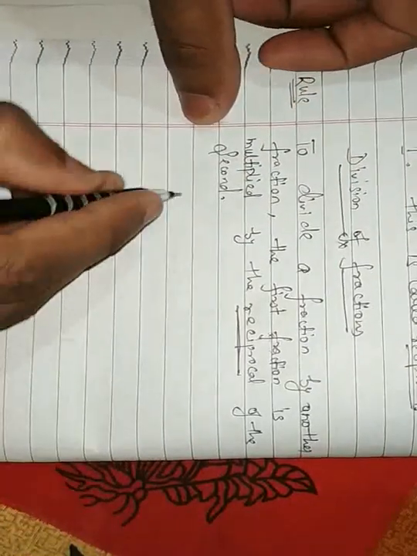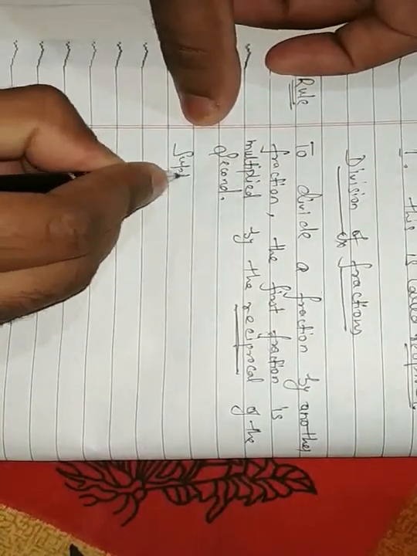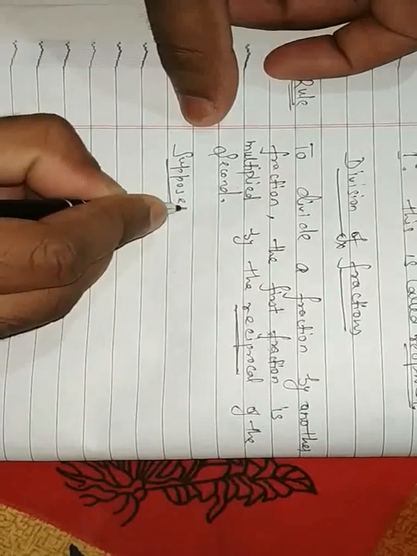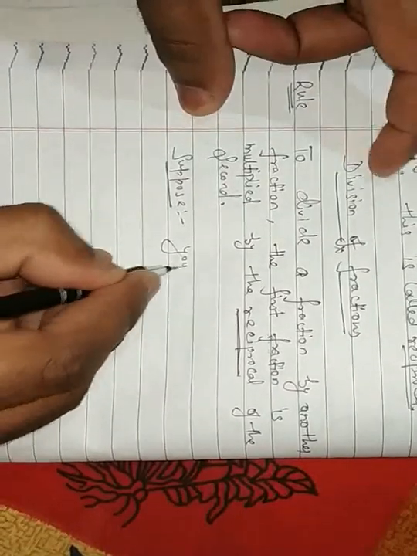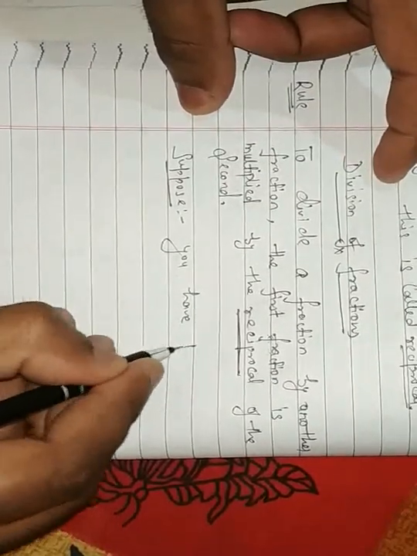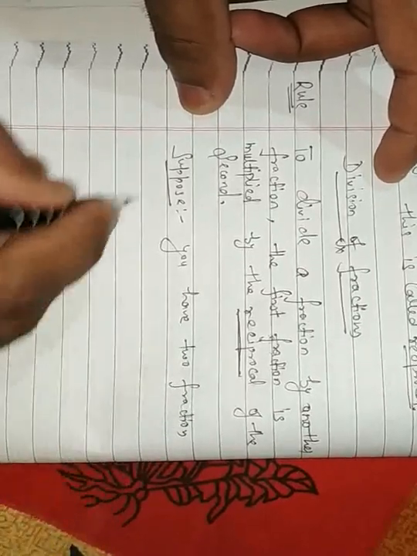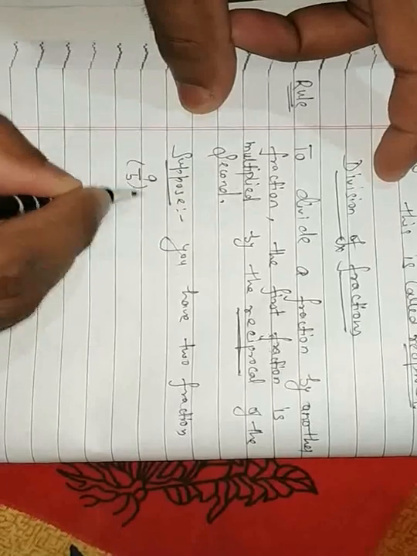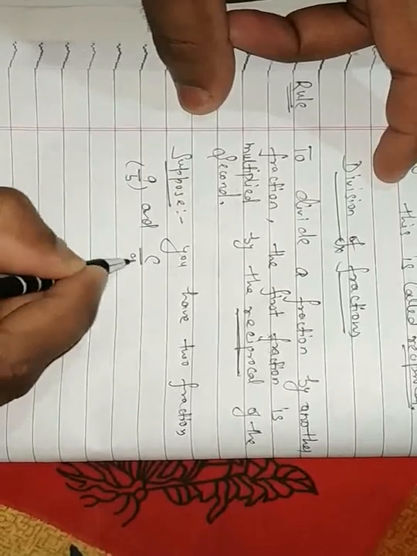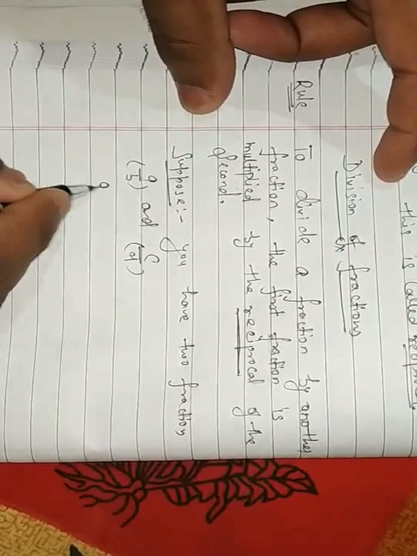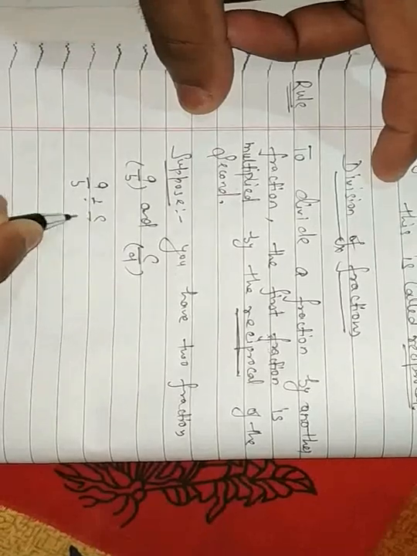What does this mean? Suppose you have two fractions, a by b and c by d. A by b divided by c by d.